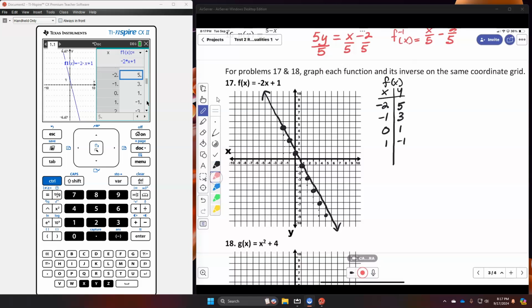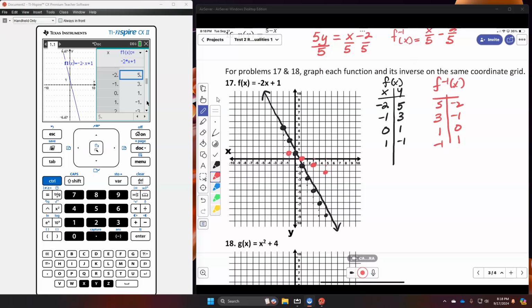Now I'm going to find the inverse just by using the table. So to find my inverse, I'm just going to switch the x and y. So we have 5, negative 2. 5, 1, 2. The next one is 3, negative 1. The next one is 1, 0. The next one is negative 1, 1.